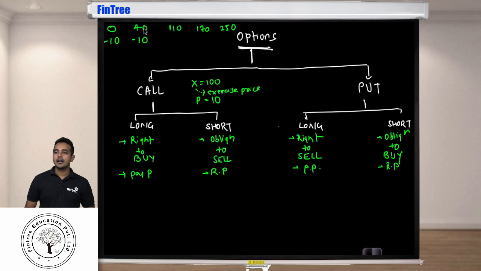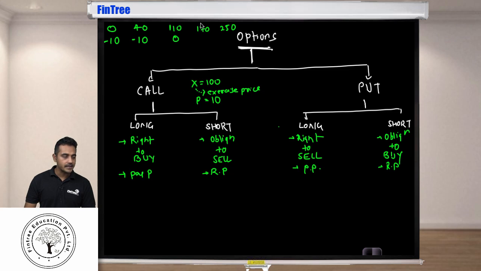Will you buy a 110 worth of asset at 100? You would buy a 110 asset at 100? Yes. And then what would be the payoff? Payoff 10. But premium paid 10. Profit 0. So this is 0. Will you buy this asset at 110?